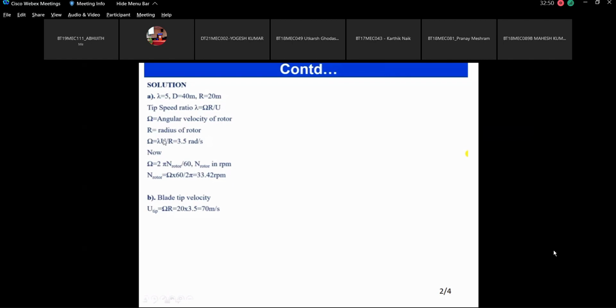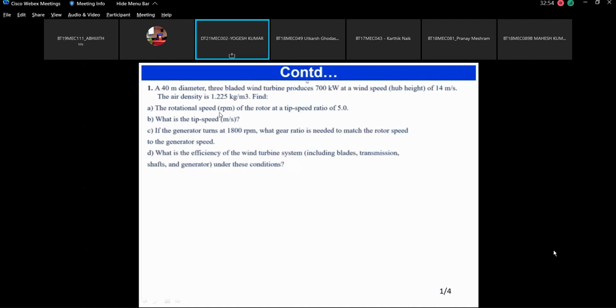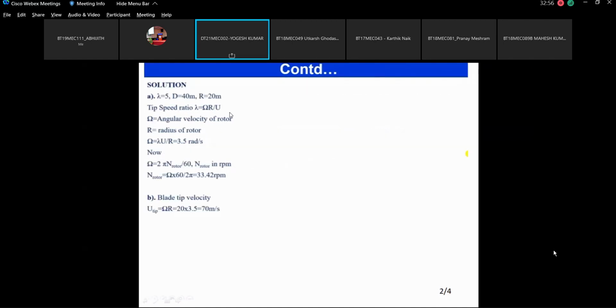Now this omega is in radian per second and we have to calculate rotational speed in RPM, rotation per minute. So we use the formula omega equal to 2 pi N rotor divided by 60, where N rotor is rotation per minute. So N rotor equal to omega into 60 by 2 pi, which is equal to 33.42 RPM.